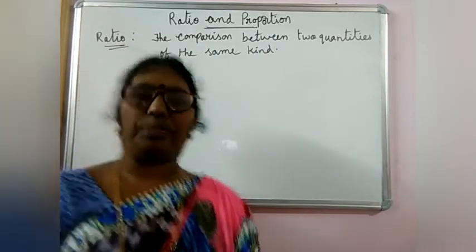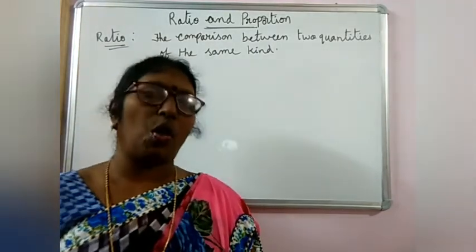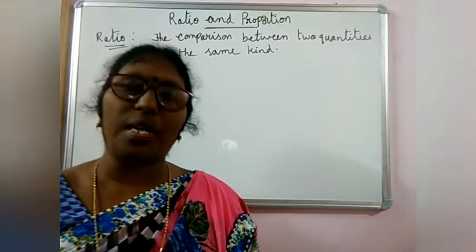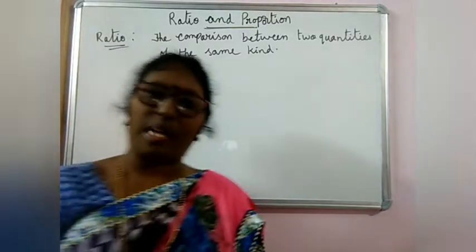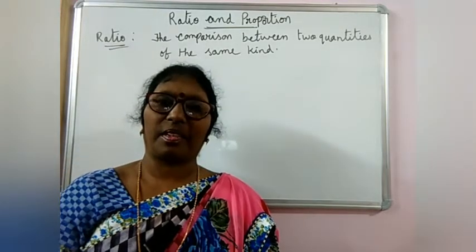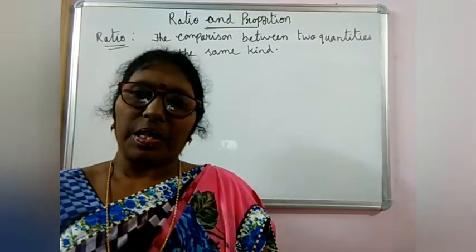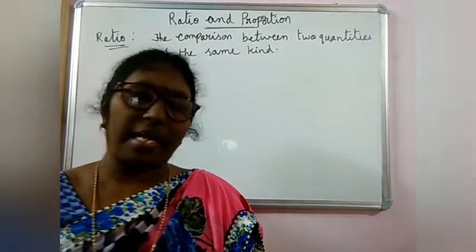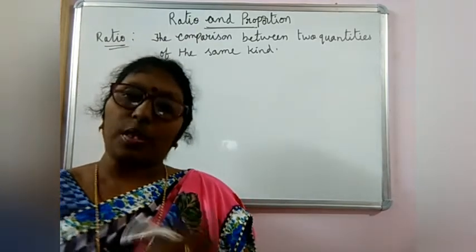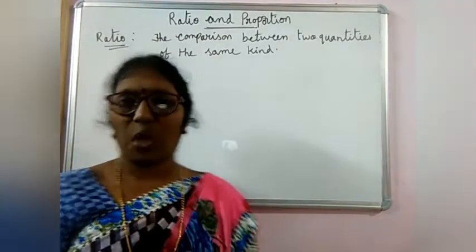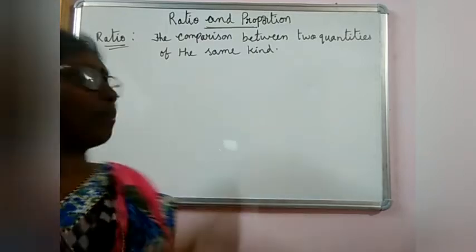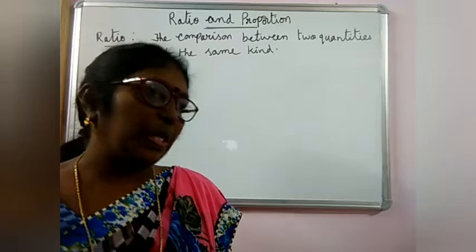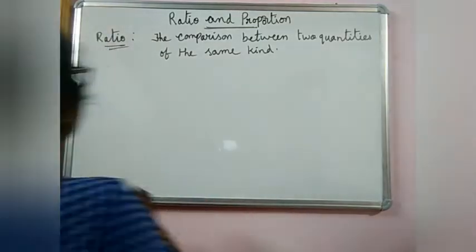If I ask you, what is the ratio of my age and your height? Can we compare them? Age and height cannot be compared. If we want to compare my age to your age, okay, that is of the same kind.